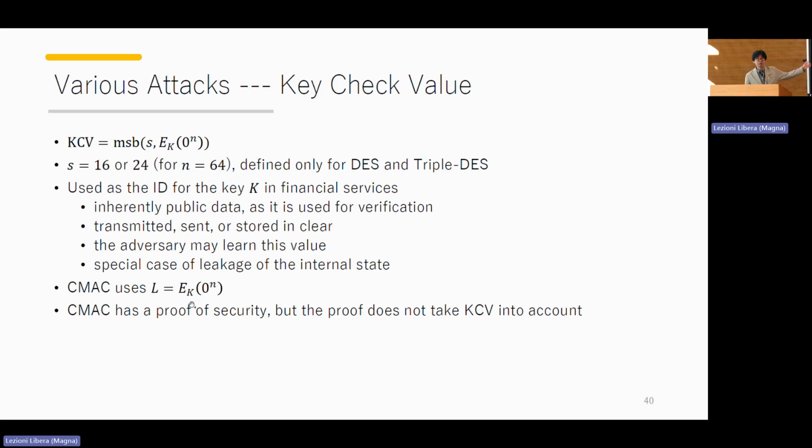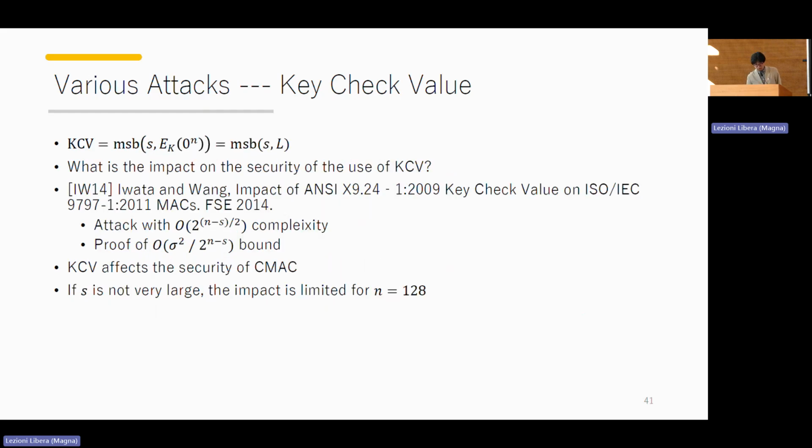And CMAC uses the encryption of 0 bits as the mask, and the proof does not take this into account. So the most significant aspects of the mask is known to the adversary, and so we wanted to evaluate the impact on the security.